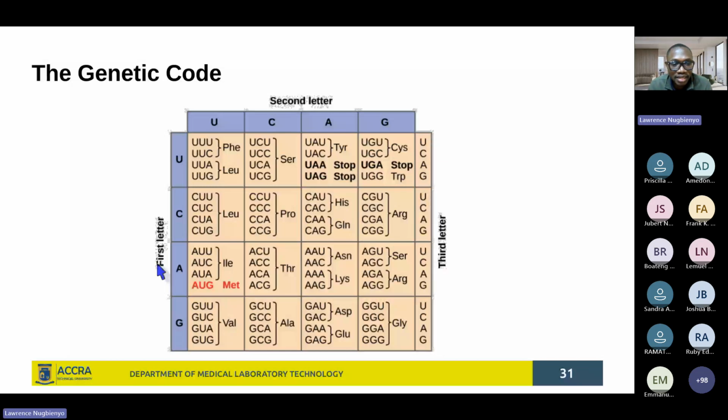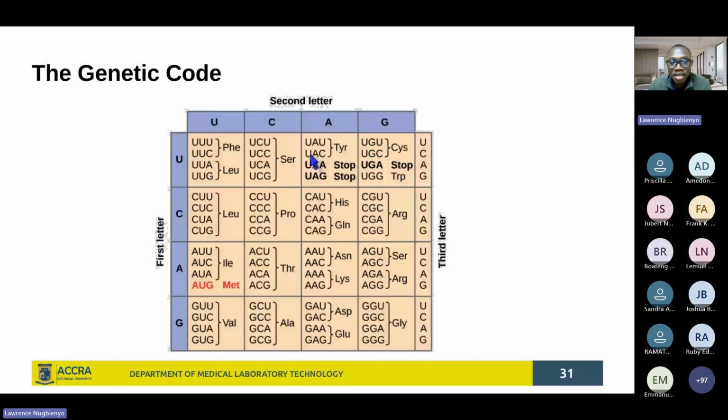So we see first letter, second letter, third letter. Now what you see is that each of these codes, like if you say uracil, uracil, uracil, and even uracil, uracil, cytosine, each of them is coding for some specific amino acid.